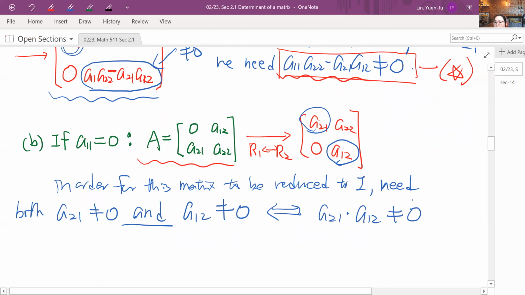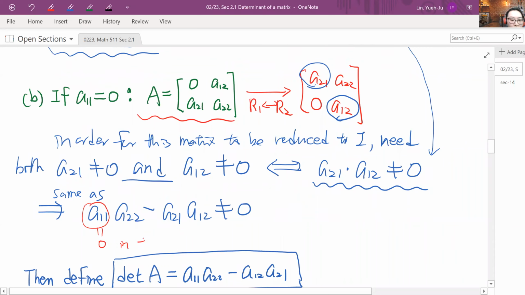Because in our case A11 is 0, A21 times A12 non-zero is the same as the star equation being non-zero. So this is back to the star again.